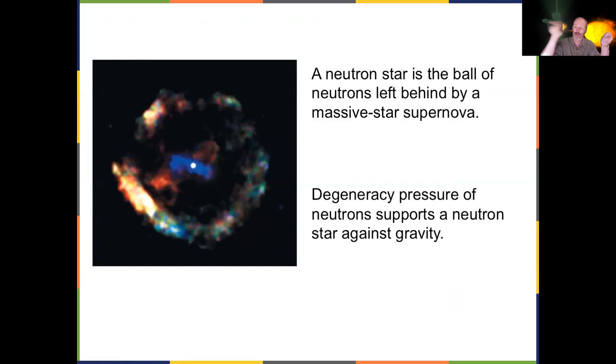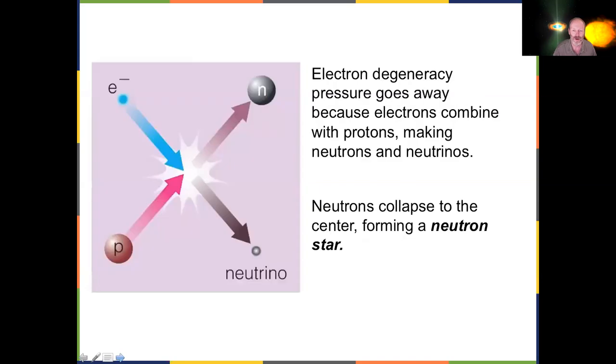Instead of going around and around in smaller and smaller circles, they're being squeezed all the way into the nuclei, which means the electrons, which are a minus, and the protons, which are a plus, get wiped out. Neutrons are neutral. They cancel each other out. And so this is part of why it's called a neutron star.